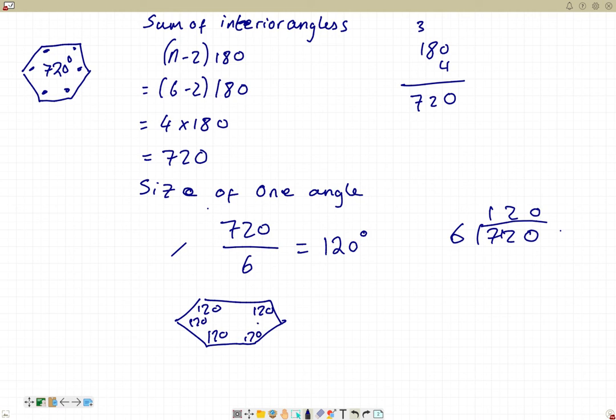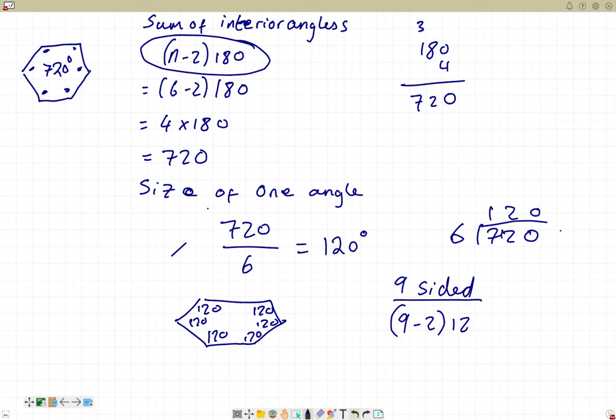Okay, so remember this only works for regular polygons, but you can still use the sum of all the interior angles formula for any polygon. That's this formula over here. So let's say I had a 9-sided shape. I can work out the total of those 9 angles just by doing 9 take away 2 times 180.